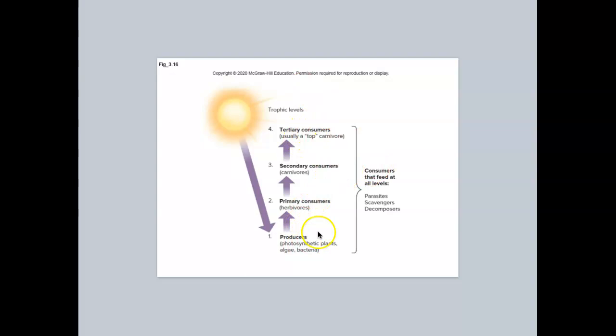What also happens to all these components when they die is that there are decomposers that will feed on them, both the producers and the consumers, and they will return their raw materials back to Earth to be recycled.